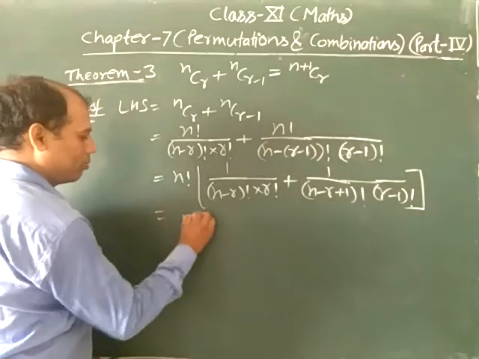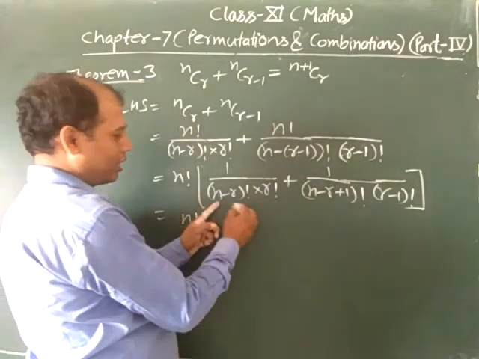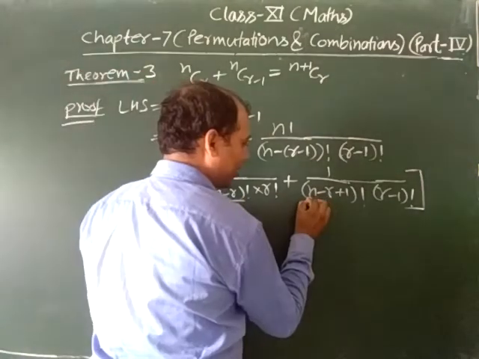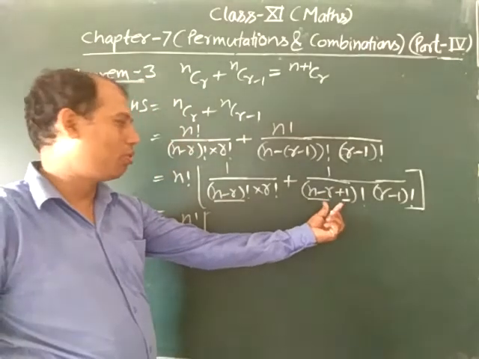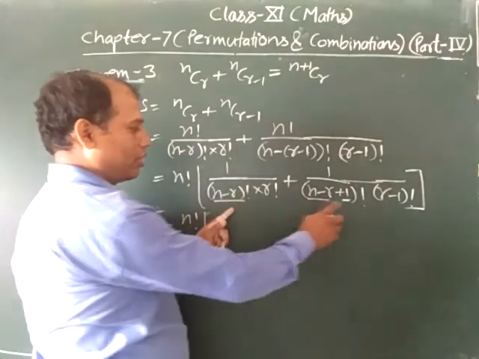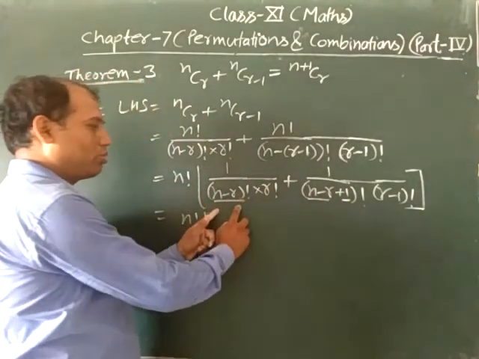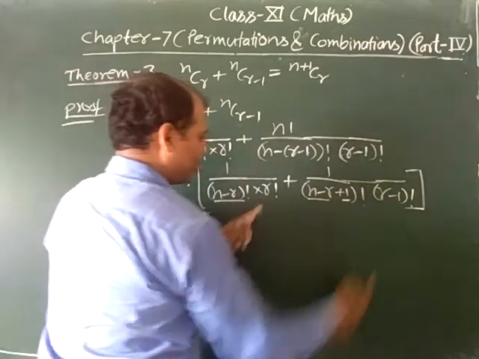Now from both of these terms we can see that here is n minus r factorial and here is n minus r plus 1 factorial. This value is one more than n minus r. So this is greater than this. We expanded this up to this value, and also factorial r is expanded to this value.